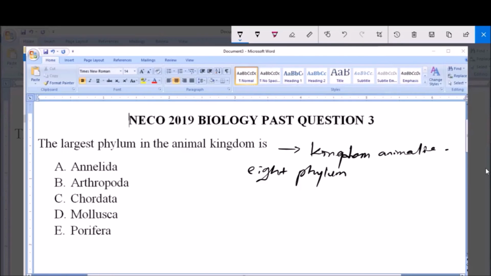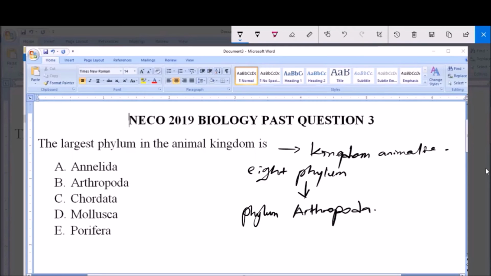Now, out of these 8 phyla, the largest is the phylum Arthropoda. You know Annelida is for the earthworm.